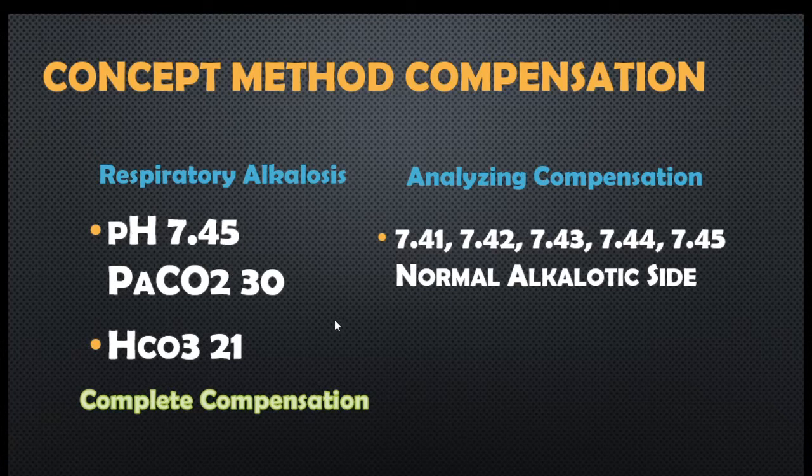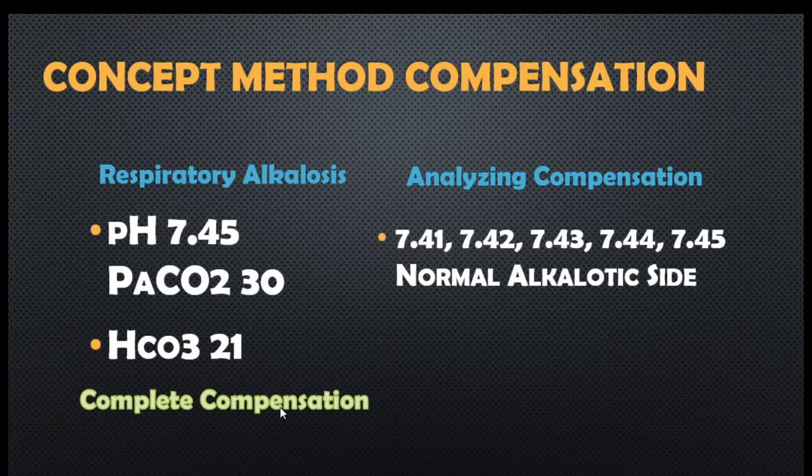So that's why our interpretation of this one is respiratory alkalosis: the pH level is leaning toward the alkalotic side, and the PaCO2 level is also leaning to the alkalotic side, because it is less than normal.